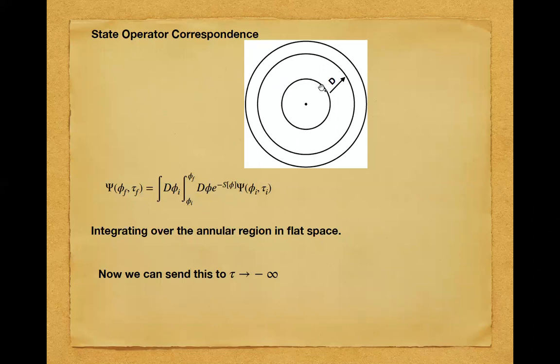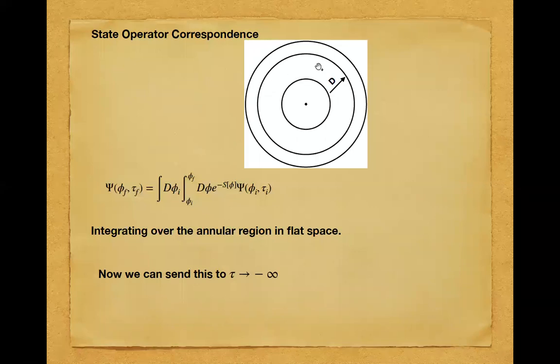Then you want to write down a state on this bigger sphere, evolving from this state, okay? So what you will do is a Euclidean path integral over this annulus region here, and that's it, right?